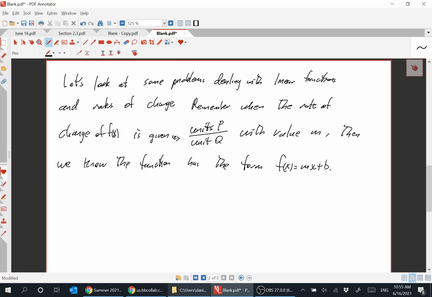Okay? And the part of a problem that gives away that it's a linear function is when you say the rate of change is constant.